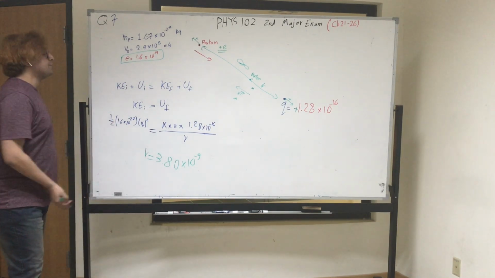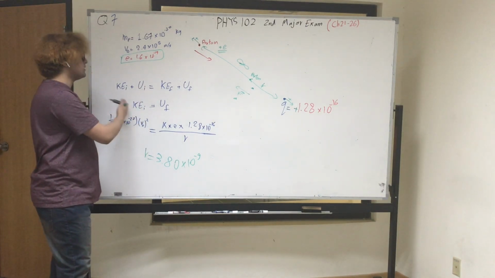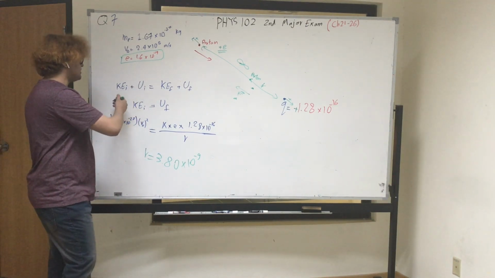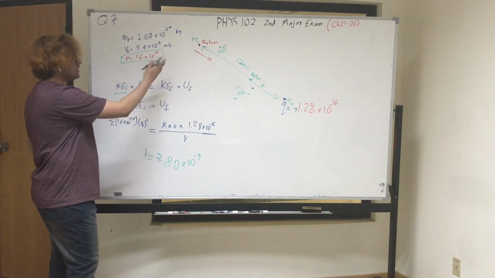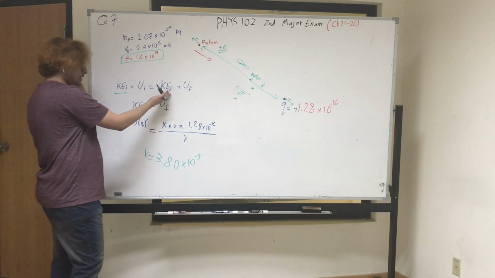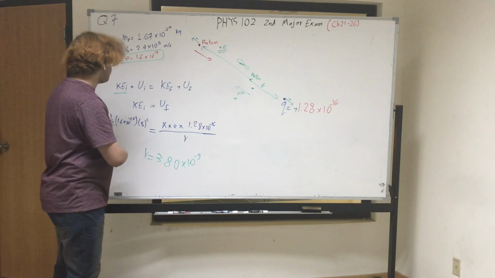So this seems like a scary problem, but if you apply the law of conservation of energy, which says that the kinetic energy initial plus the potential energy initial is equal to the kinetic energy final plus the potential energy final.